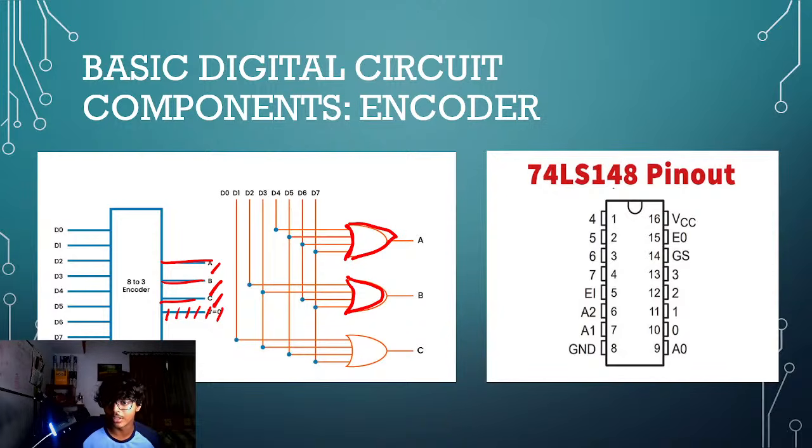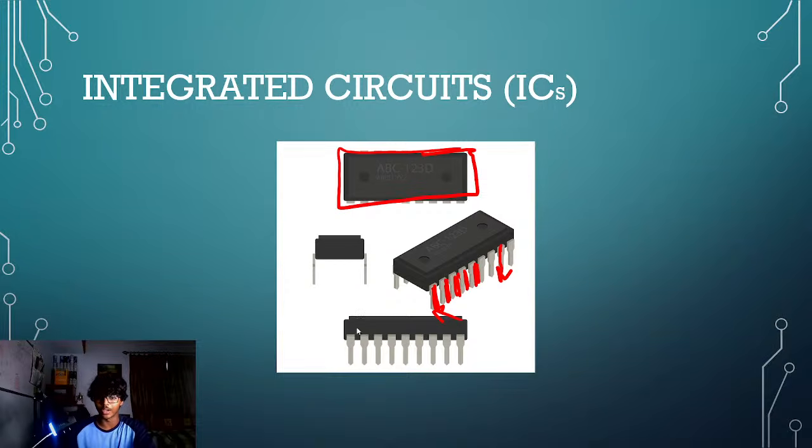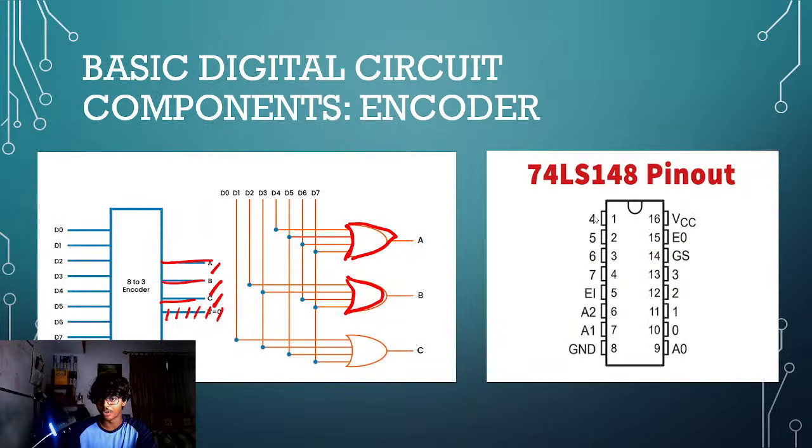And coming to the real world IC, again, this looks like the chip over here. Each of these pins corresponds to each of these lines. So how this works in the real world is your 8 lines are 0 1 2 3 4 5 6 7. And the output of this is going to be A0, A1, and A2.